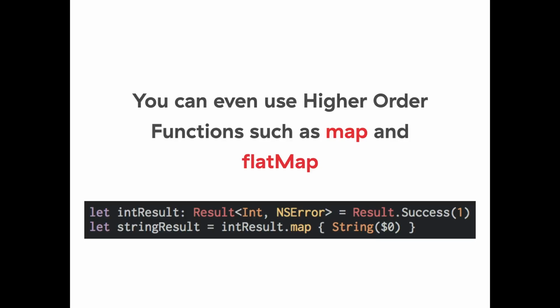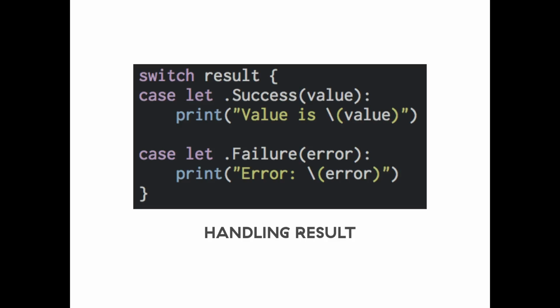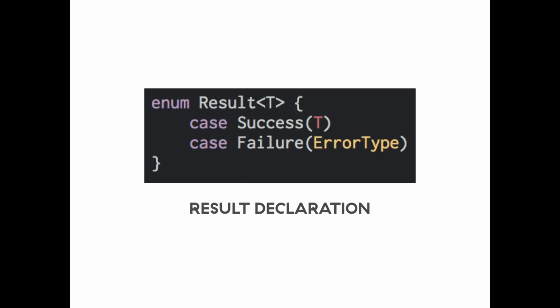You showed the result with one generic type, not two generic types. And here it looks like it takes two generic types. Yeah, because you must specify the type for the value and the type for the error. Because you don't have to have an NSError here. You can have your own error type here. Yeah, but before, when you showed the declaration of result, it took only one. Oh yeah, that's a typo. Thanks.